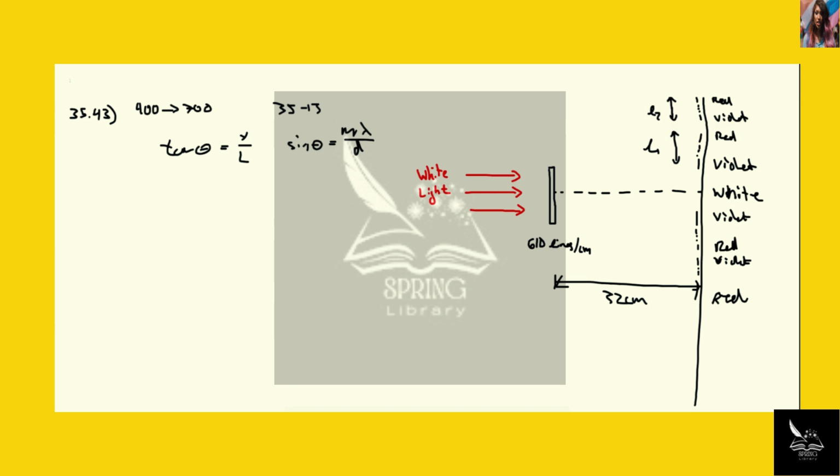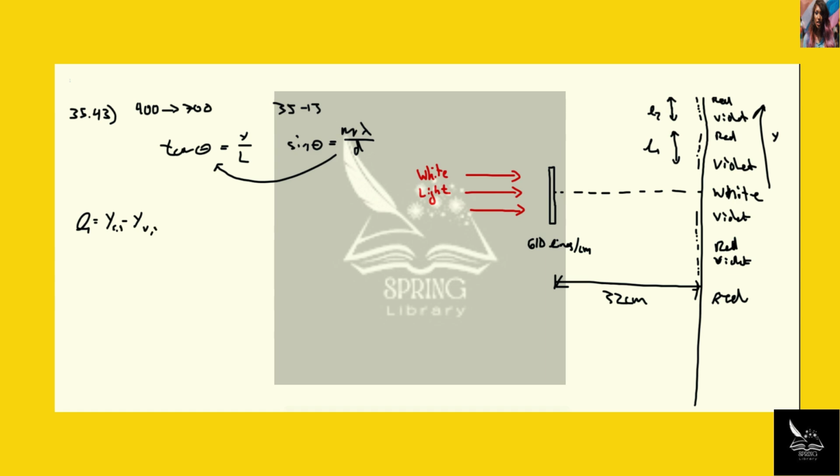We can figure out what theta is and plug it in to solve for y, because we're looking for y components. L1 is given by y of red minus y of violet, just by the distance here, because this is the y-axis.